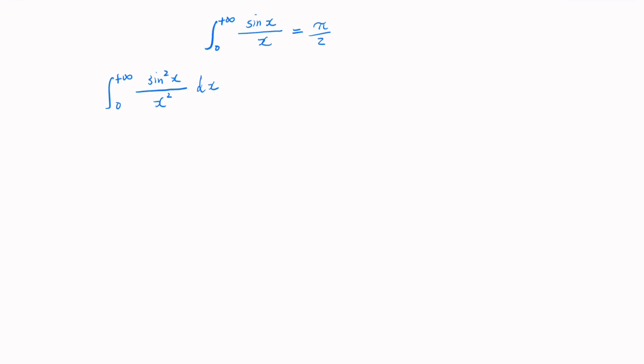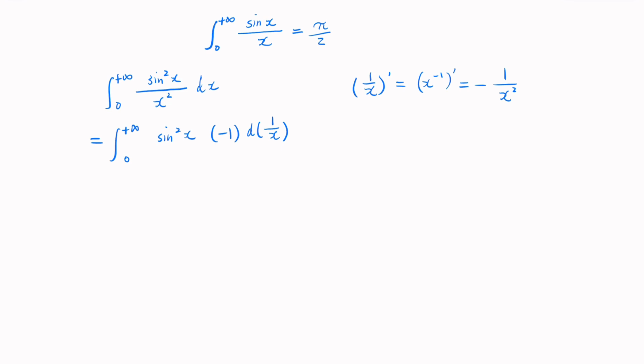Let's try that. So in other words, we know that 1 over x derivative is actually equal to x to the negative 1 derivative, equal to negative 1 over x squared. With this, we can say this is actually equal, for this sine squared x over x squared, we're going to treat it as sine square x times negative 1 times derivative of 1 over x.